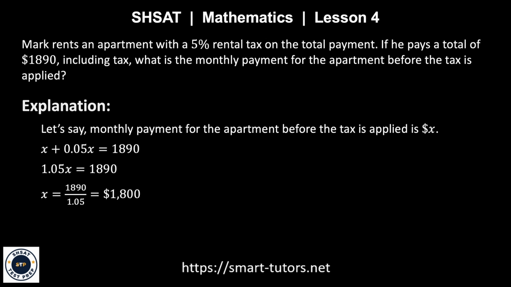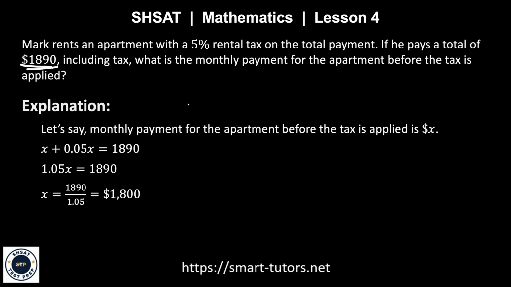Next problem. Mark rents an apartment with 5% rental tax on the total payment. If he pays a total of $18.90 including the tax, what is the monthly payment for the apartment before the tax is applied? That means this $18.90 included the tax.